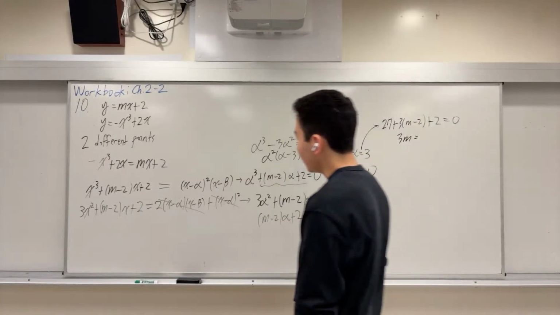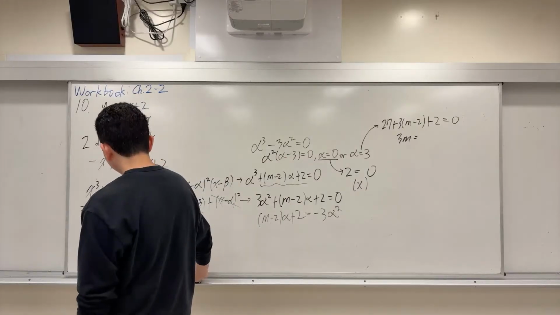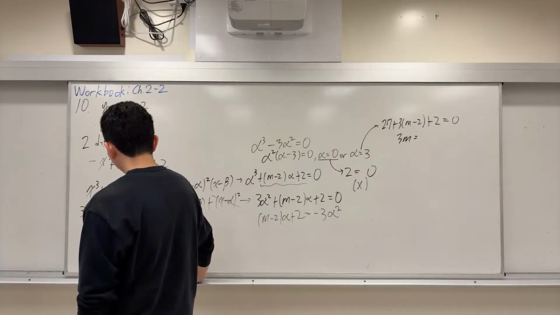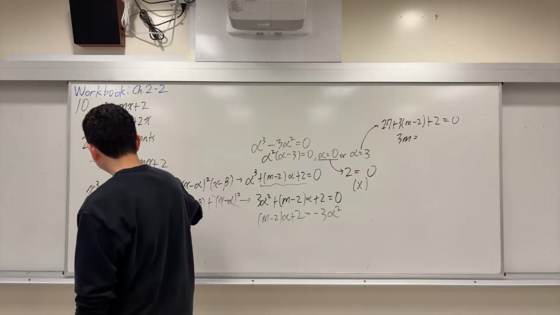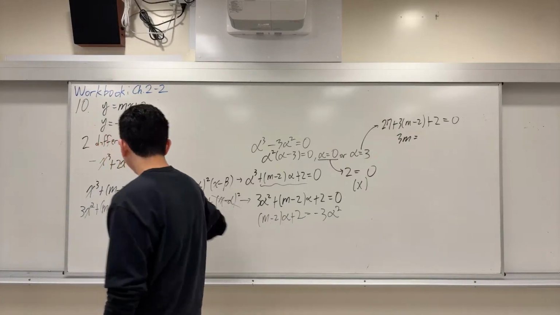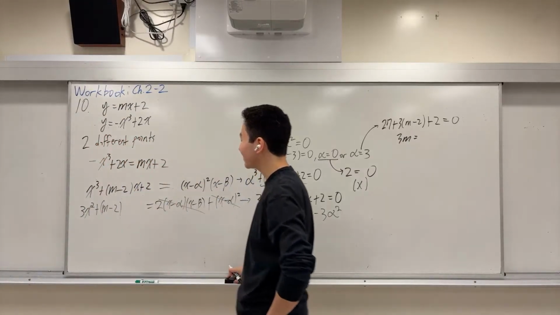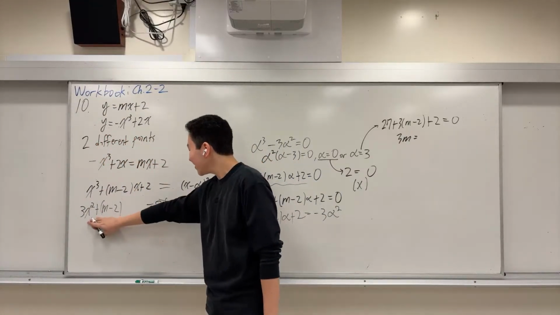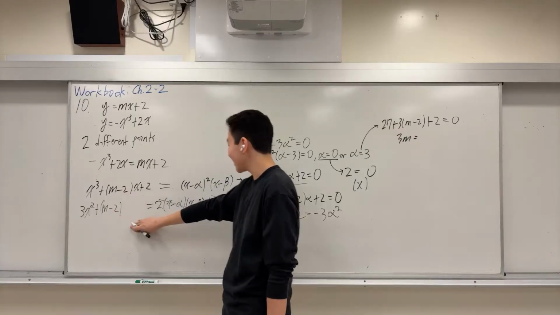Oh, did I not take the derivative here? Oh yeah, oh yeah. What am I doing? Okay, so that solves our mystery. Yeah, okay, so the derivative here is 3x squared plus m minus 2, and that's it, right?